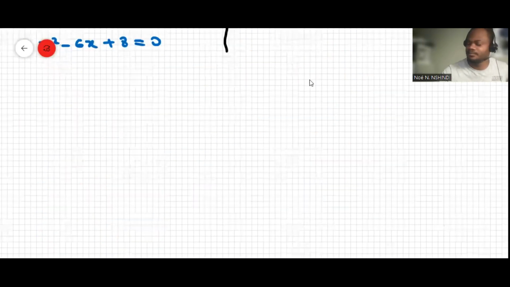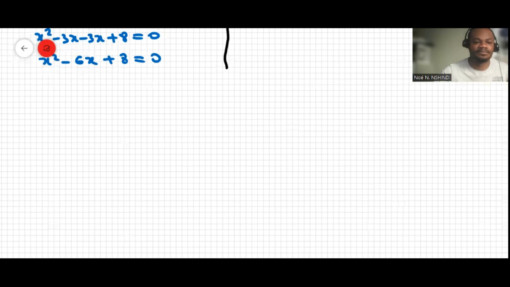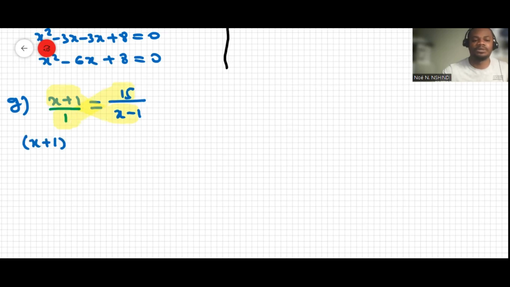G, then, you can write question G: x plus 1 equal to 15 under x minus 1. Understand that here the denominator was 1. So we can take this one and multiply by that, and then take this one and multiply by that. This implies x plus 1 times x minus 1 equal to 15.